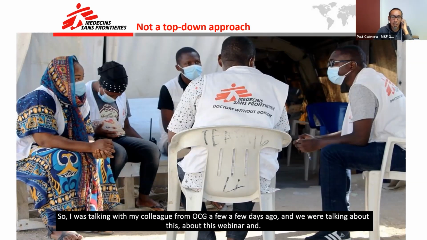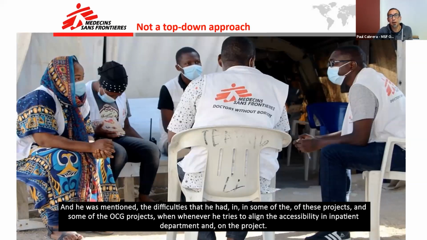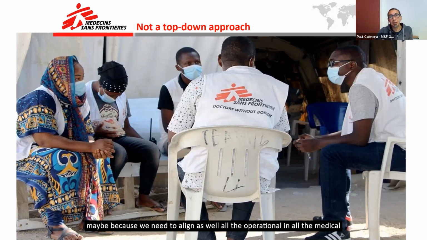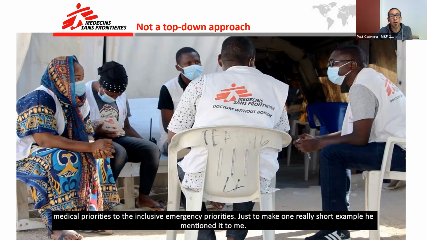I was talking with my colleague from OCG a few days ago about this webinar, and he was mentioning the difficulties that he has in some of the OCG projects whenever he tries to align the accessibility and inclusion on the project, mainly because they need to align all the operational and medical priorities to the inclusive and accessibility priorities.